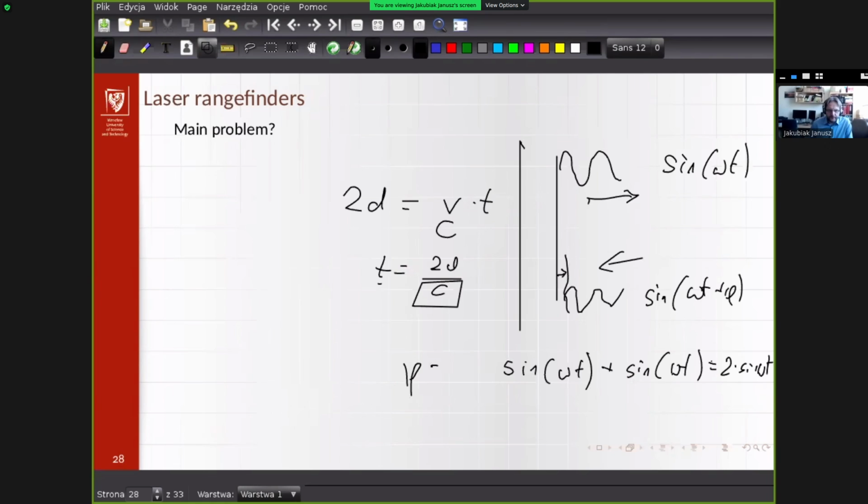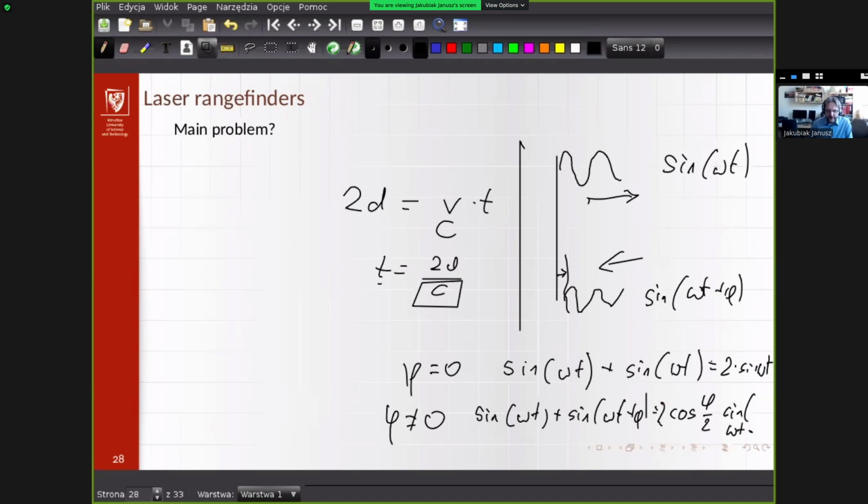But if phi is not 0, you get the following formula: sine of omega t plus sine of omega t plus phi is 2 times cosine of phi over 2 times a sine.